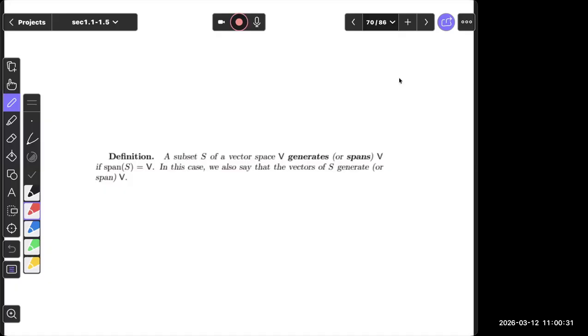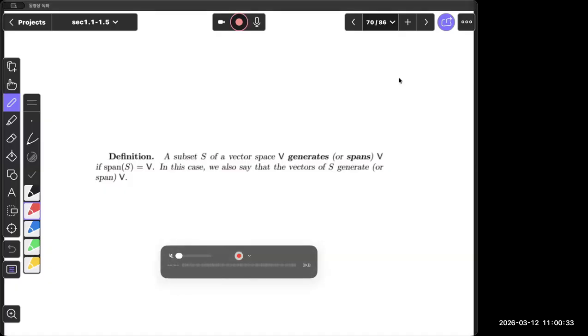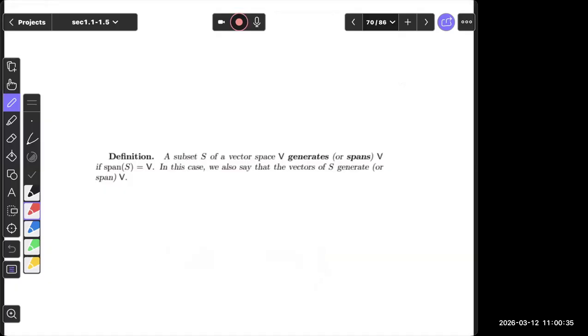Now, a subset S of a vector space V generates V if the span of S equals V. In this case, we also say that the vectors of S generate V. So what does the definition say?